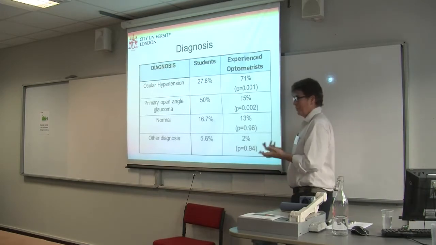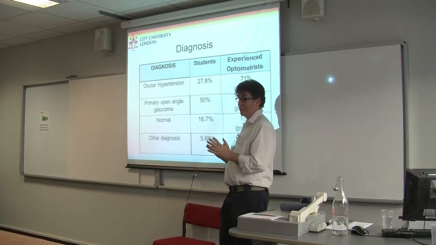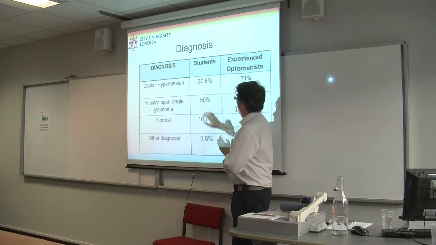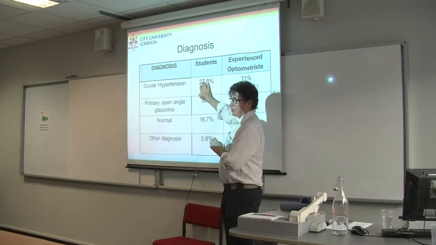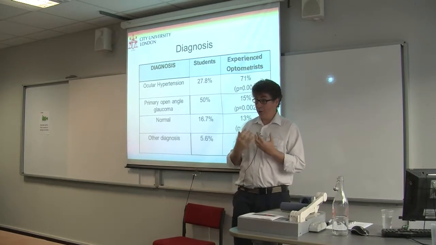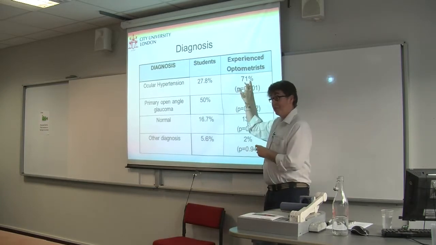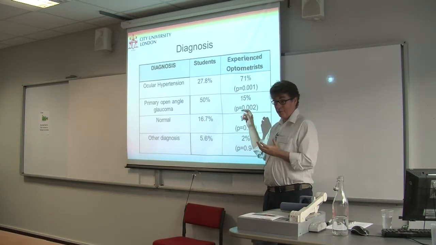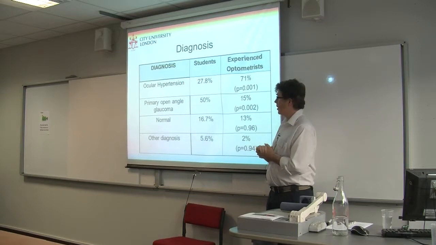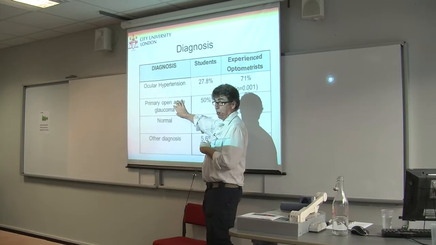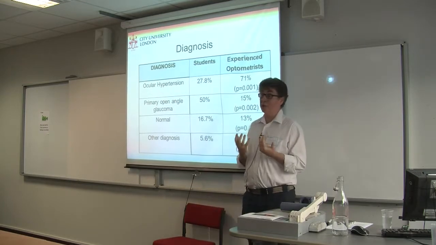But what about their diagnostic accuracy? This is where the differences start to arise. So here are our students. Only about 28% of them got the correct diagnosis, ocular hypertension. 71% of the experienced optometrists got the diagnosis right. In terms of the differential diagnoses, glaucoma was probably the most likely one they would confuse it with.